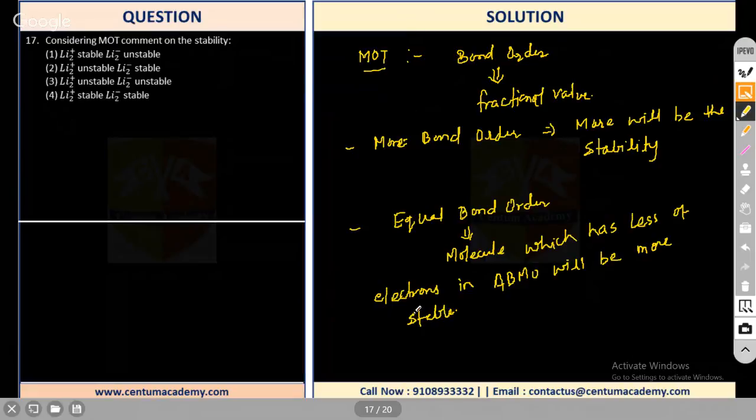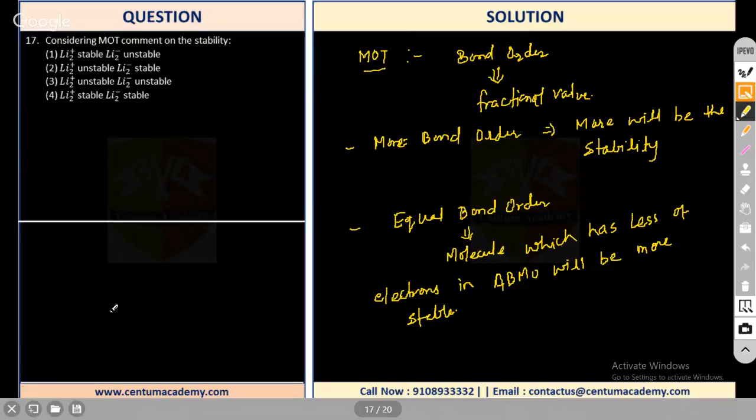Okay, so for all these molecules, you have to draw the molecular orbital diagram, that is the energy order, with the bonding and anti-bonding molecular orbitals, and then we'll calculate the bond order. If it is more, then the stability will be more. If it is equal, then we'll see how many electrons are present in the anti-bonding molecular orbital.